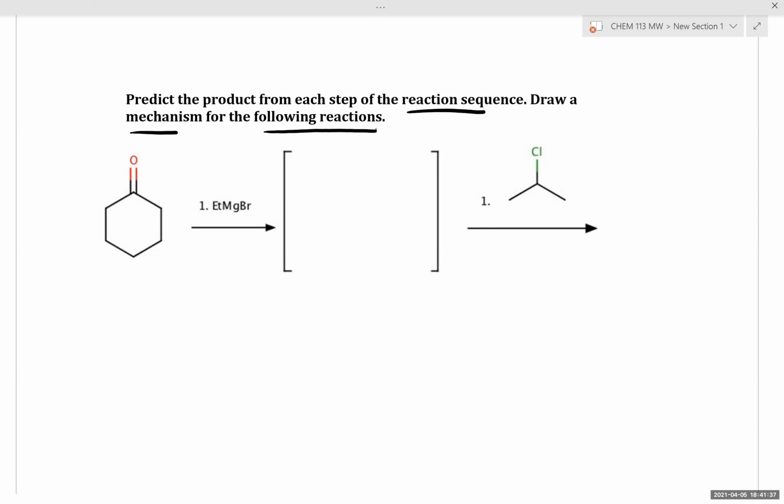This methodology is commonly used to convey that the first step makes an intermediate, and we treat that intermediate with further reagents to get an isolable product. So this is an example of Grignard addition into a carbonyl followed by trapping with an electrophile. So let's take a few moments and try to predict the product from this reaction and draw a mechanism for this reaction.